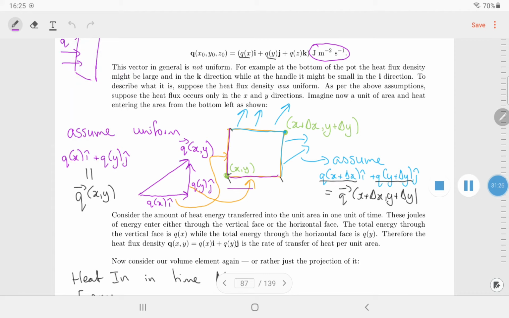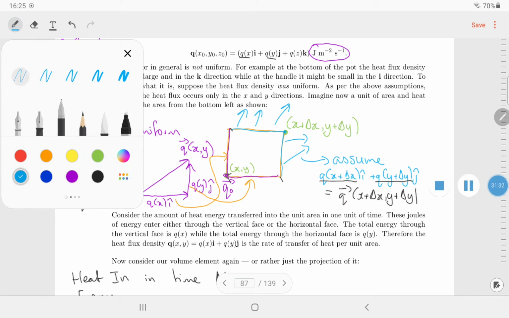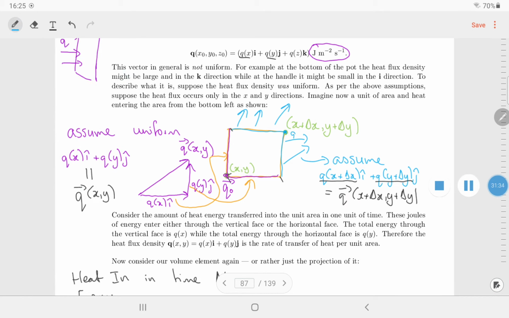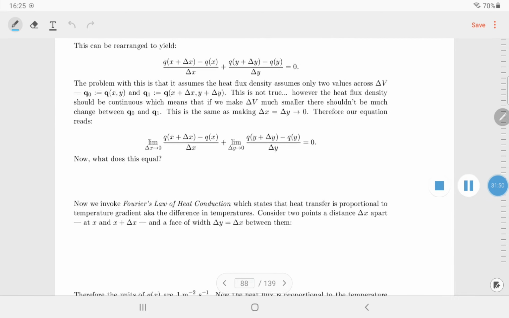Q0 is the heat flux density here, and Q1 is the heat flux density here. And I'm saying that if the delta V is very, very small, those things should be basically the same. And so the assumption that Q0 governs along the left and the bottom face and Q1 governs along the top and the right face isn't too bad. You can be a bit more careful and make this work really well.